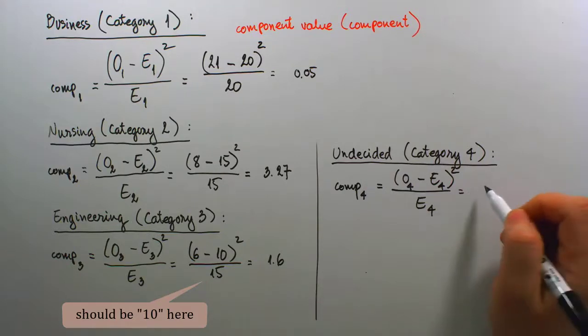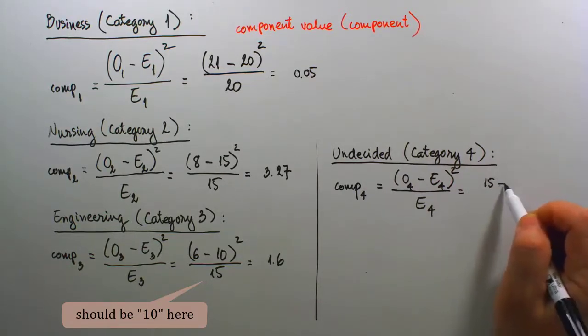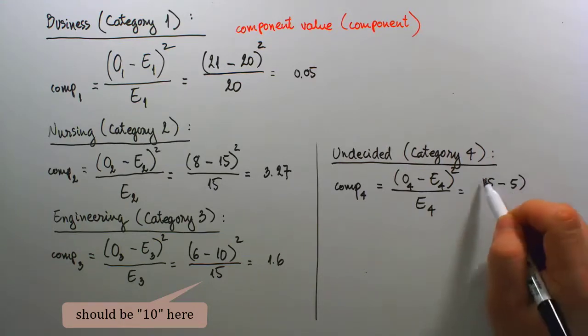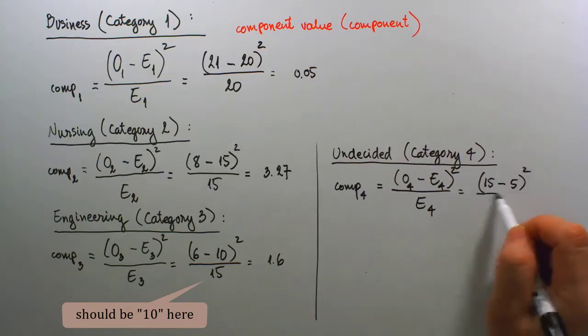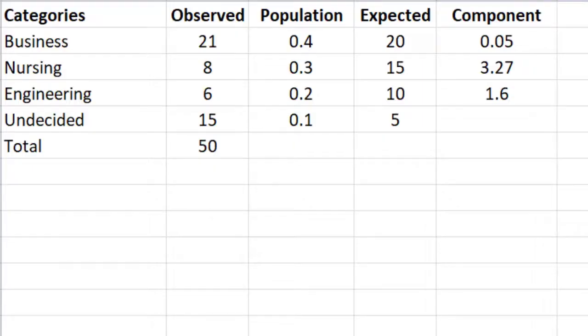So the setup will come out as 15 for observed count, subtract 5 for expected count, square the difference and divide it by 5. And so the final calculation after rounding, to be consistent with the convention stated earlier, came out to be 20. And so now we can record that component value, COMP4, into entry number 4 in our fourth column to be 20 on the computer screen here.